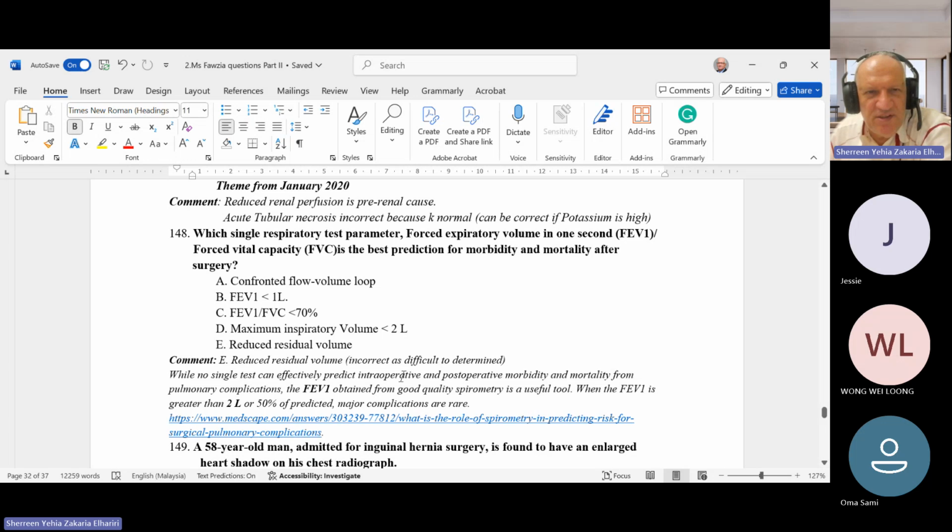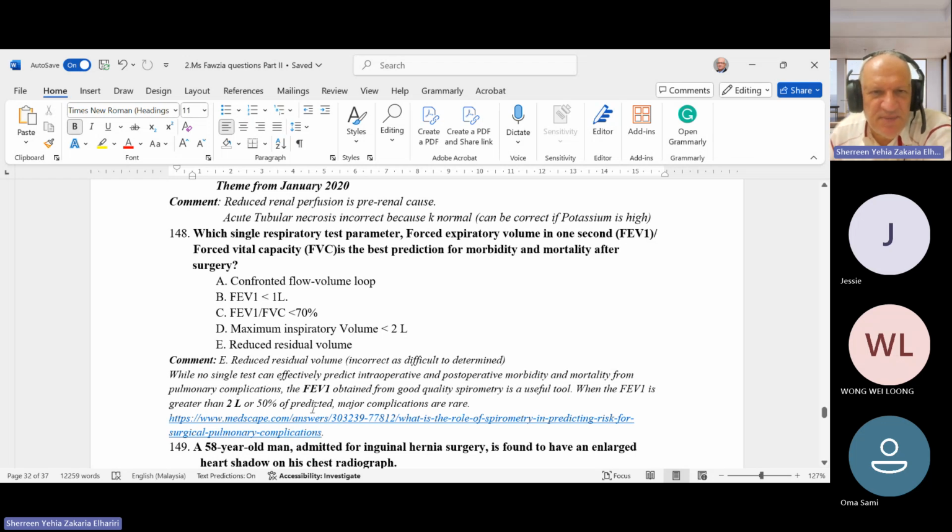Okay, which single respiratory test parameter, forced expiratory volume in 1 second over forced vital capacity, is best predictor of morbidity and mortality after surgery? This is a complicated question. I write the reference for the answer. Usually the correct answer in these scenarios is forced expiratory volume that is less than 1 liter.